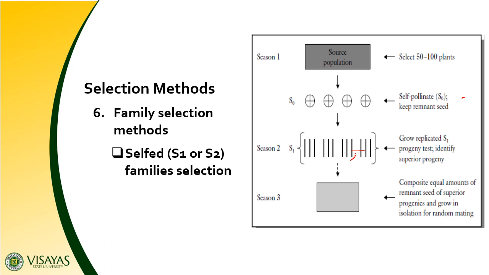And then out of the superior S1 progenies here, you take remnant seed of those S1 progenies. Then an equal amount of those remnant seeds is planted in the third season. So just like the earlier full-sib family selection, equal amounts of remnant seeds of the superior progenies are grown in isolation for random mating. Okay.